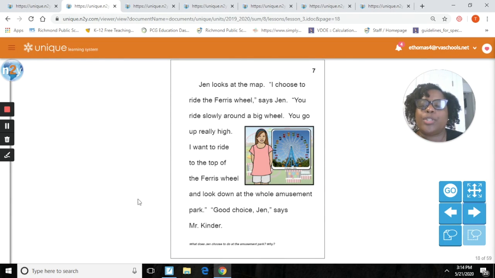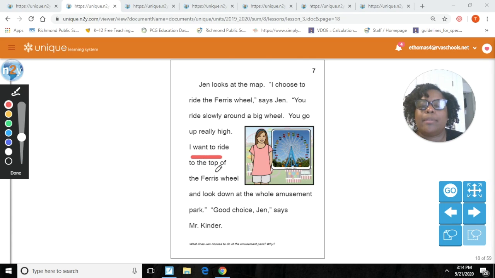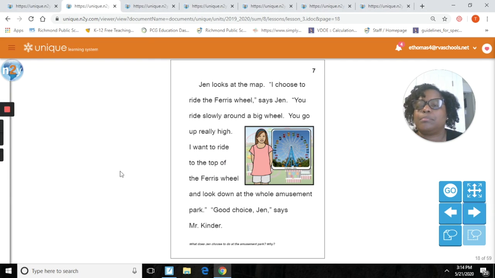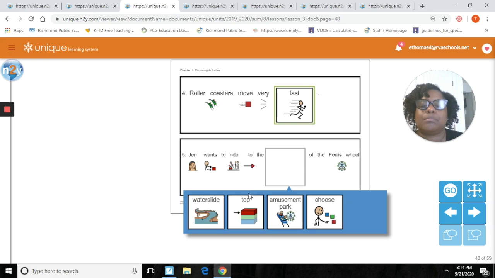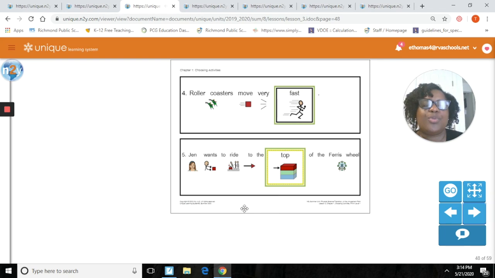So what does Jen want to do? She wants to ride to the top of the Ferris wheel, right? Did you choose top? I know you did.